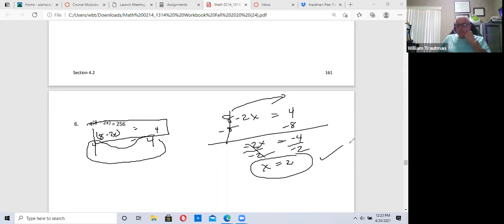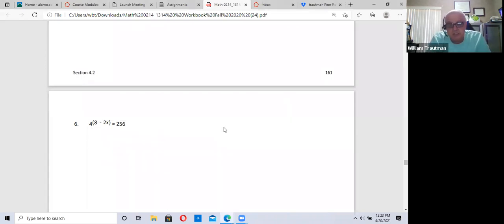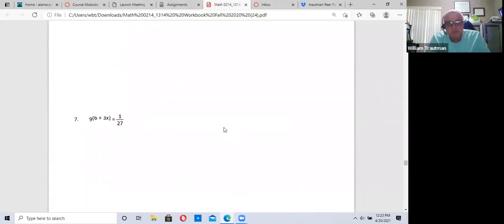So all we're doing is solving for x for these problems. Trying to get the bases the same, then the tops equal. Once again, 9 and 27. I look at 9 and 27, and 9 is 3 squared. 27 is 3 to the third power.